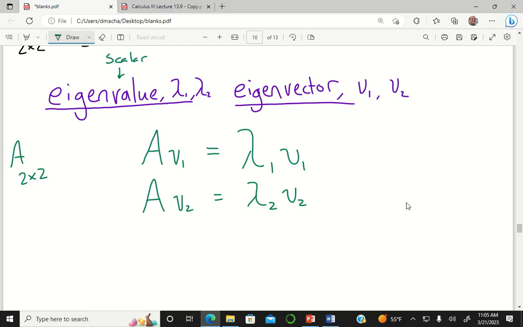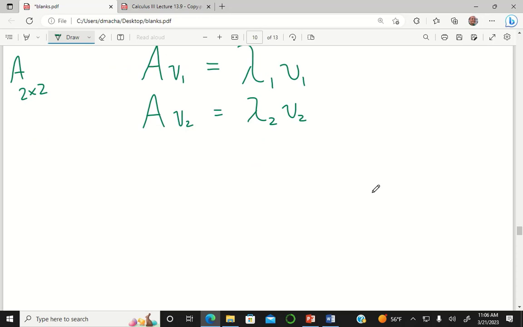So the number of eigenvalues and the number of eigenvectors and the size of your square matrix are all the same number. There's several ways of finding out what the eigenvectors and eigenvalues are. Most of the techniques you use in practice are iterative techniques, but the boring way to do it is this.